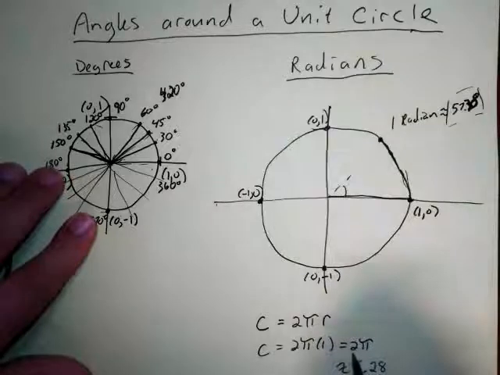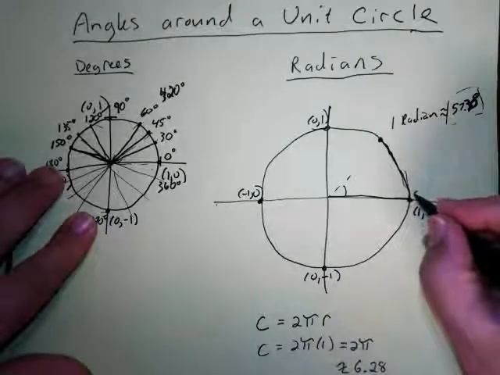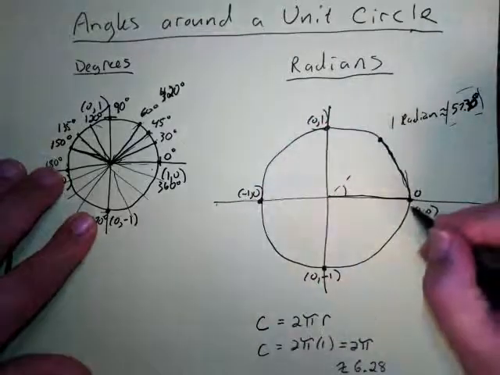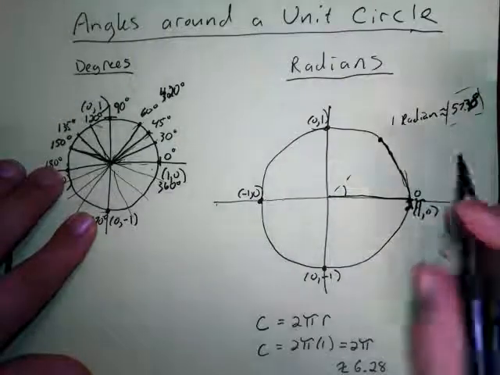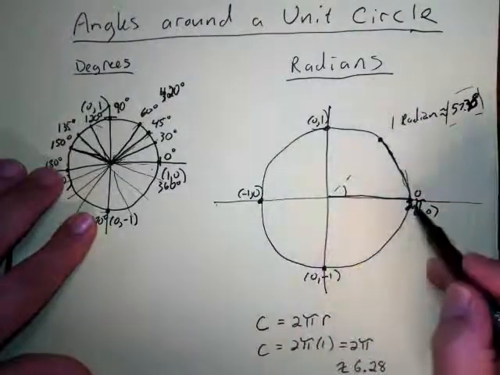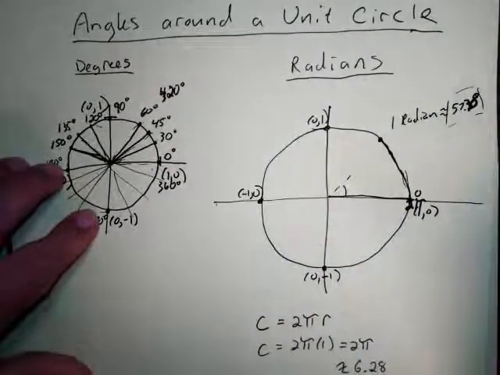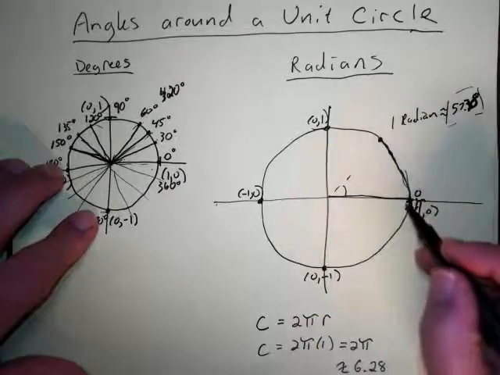Okay? But we're going to use 2 pi. This is like an angle of 0, but if you measure all the way around, then when you get to here, that's 2 pi. And we're going to say, when you go around the circle once, that's 2 pi radians.